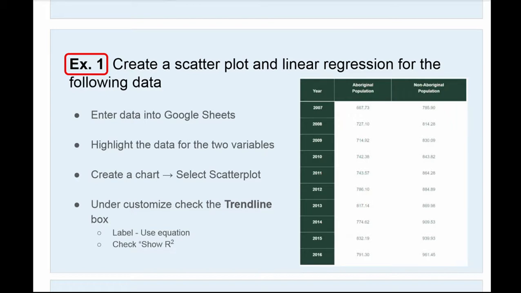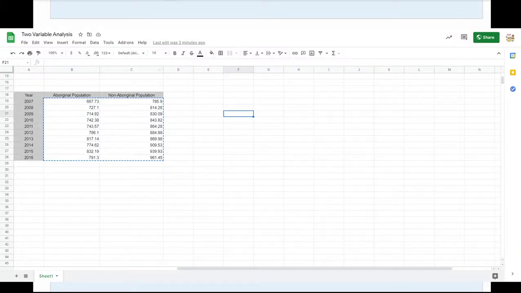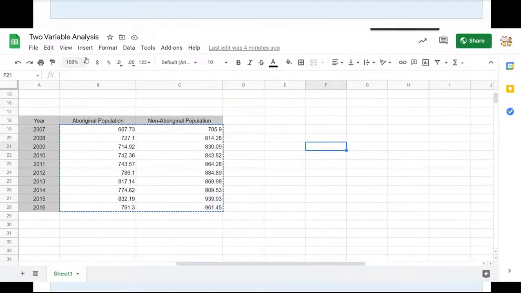So we're going to enter the data into Google Sheets, highlight the data, and select a scatter plot, and then there's an option to select a trend line, and from there the technology does it for us. There's nothing really to it other than entering our data and then analyzing it.